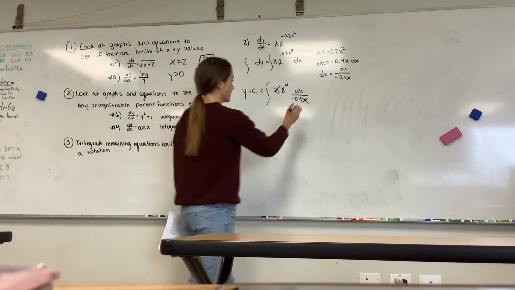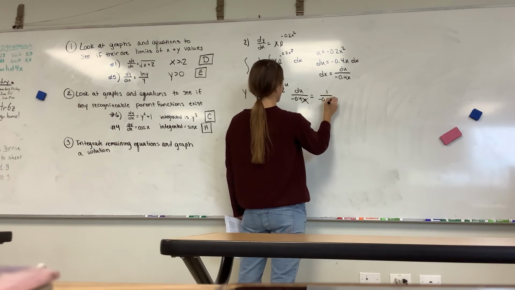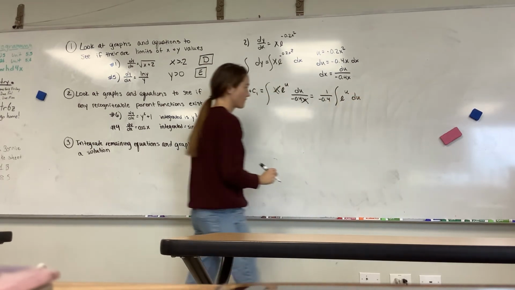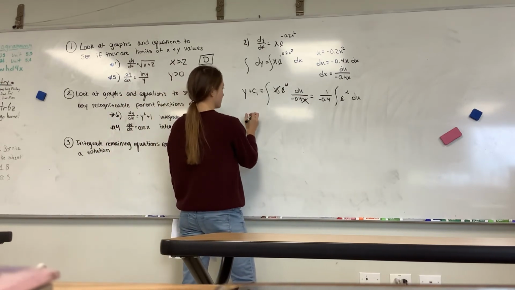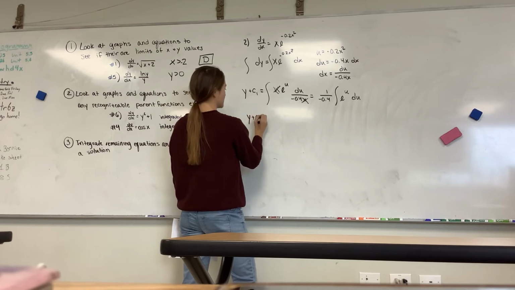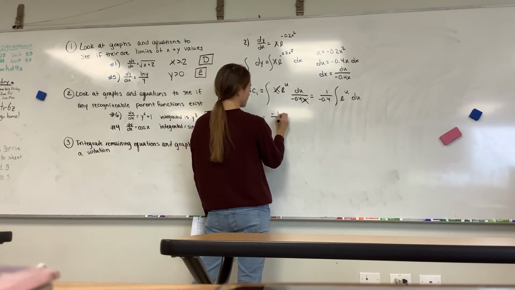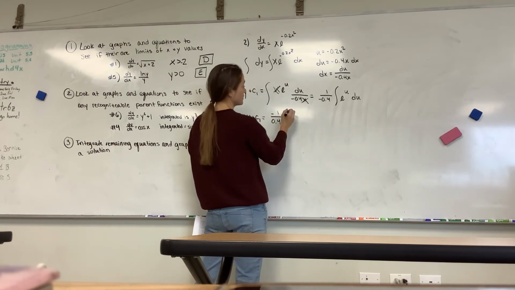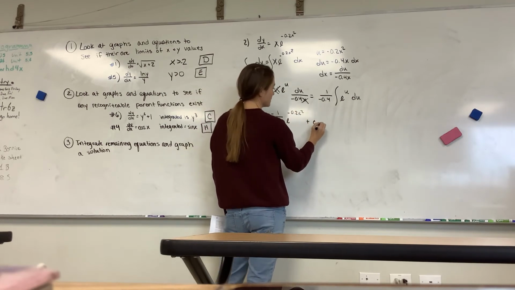And I end up with a 1 over negative 0.4 integral of e to the u du. If I integrate this, I end up with y plus c1 is equal to negative 1 over 0.4 e to the u, which is negative 0.2 x squared, plus c2.